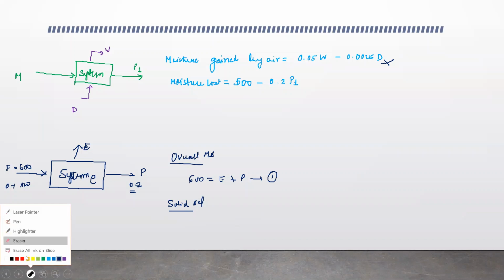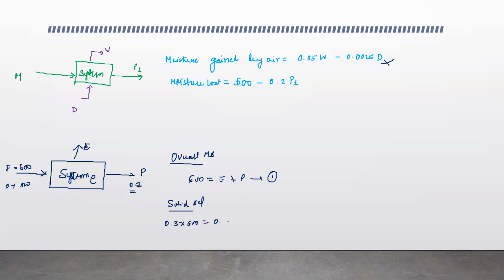So over here, when you form the solid balance, so solid over here is 0.3 and solid over here is 0.8. So you're going to get 0.3 into 600 is equal to 0.8 into P, right? So from here, you will get 3 into 600 by 8. This is going to be P, okay?